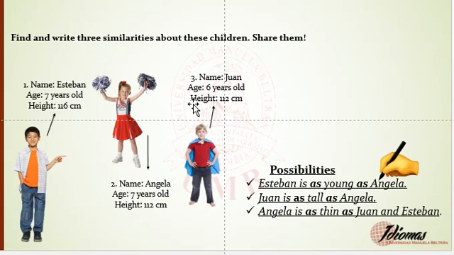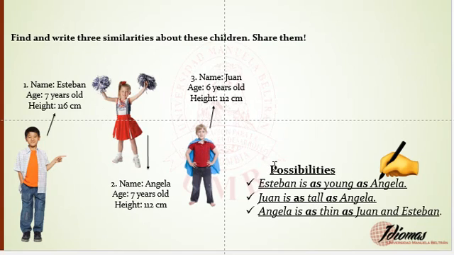Please read the information number one, number two, and number three. Perfect. Okay, we have three children.